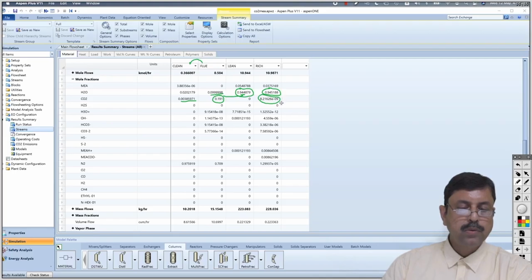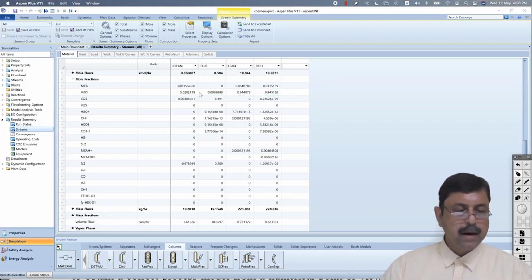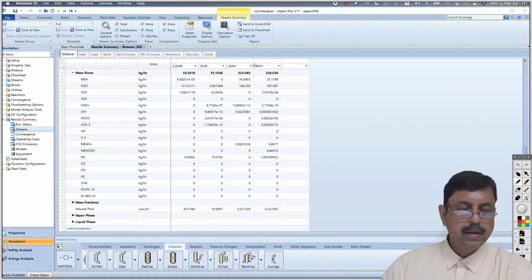Well, you may argue that this is not a figure which can come, because 10 to the power minus 9, so the amount of CO2 may not be so less in rich amine. Yes, definitely we'll explore it. How? For that you have to see the mass flow rate. Okay, here you see.